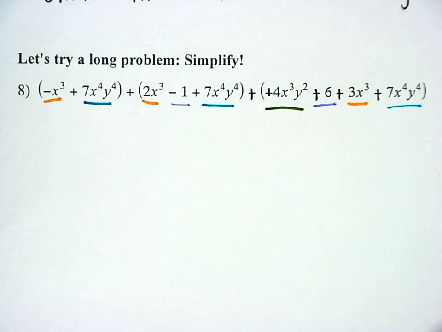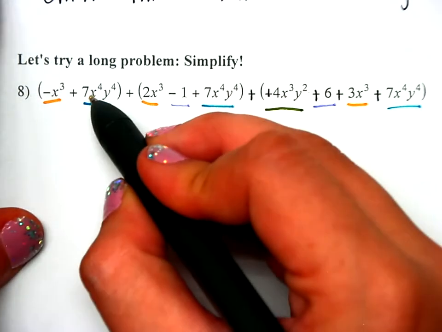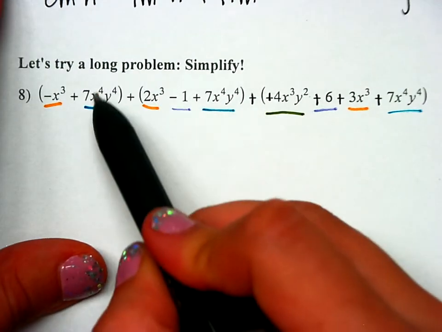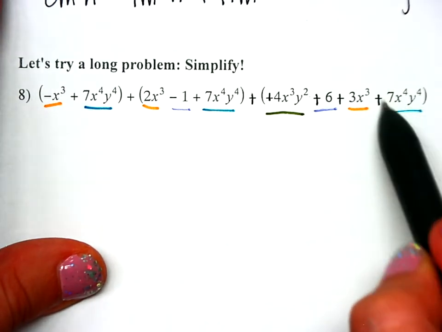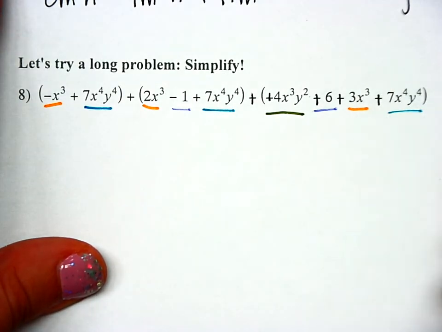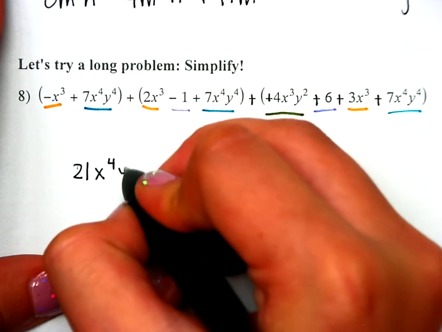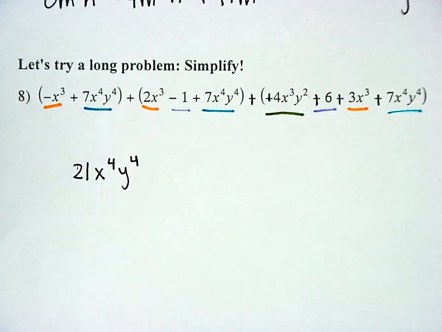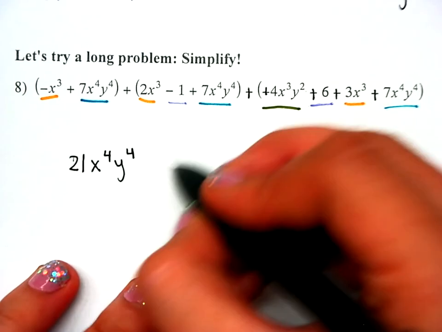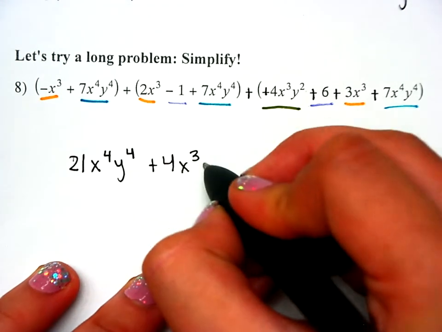Okay, so let's start with the highest exponent first. It's that x to the fourth, y to the fourth. I've got 1, 2, 3, and all of them are 7. So I've got 21 total. The next ones look like the x to the third, y squared. So we've got just one of them, plus 4x to the third, y squared.